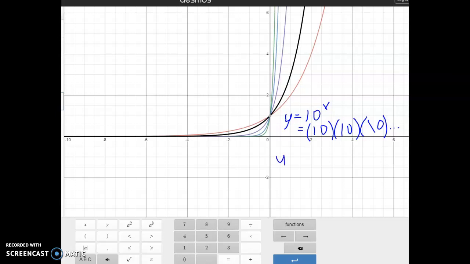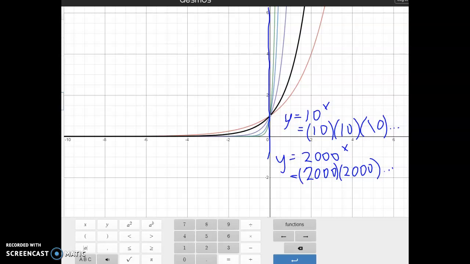So think about if it was 2000. That means you're multiplying by 2000 over and over and over again. So if you're multiplying repeatedly by 2000, your graph is going to get taller quicker. So that's why they seem to bend more toward the y-axis, because they get taller quicker, they're going to, again, seem to be stretched upwards.